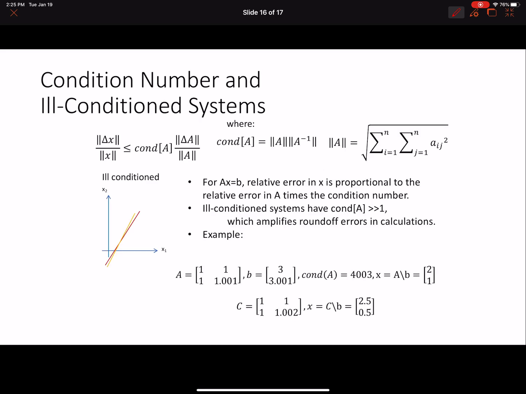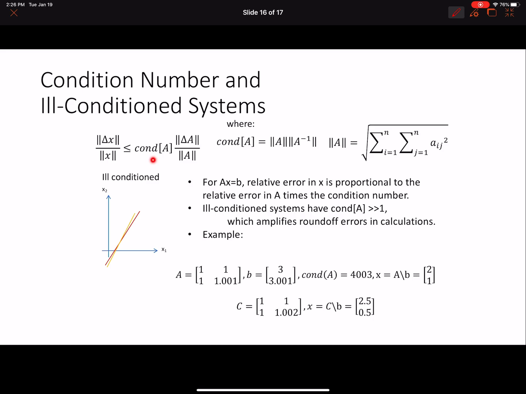And as we talked about at the beginning of the video, there are some systems that may have a unique solution, but may be hard to find, numerically difficult to compute. One gauge that we can use to see how difficult a linear system is to solve is the so-called condition number.